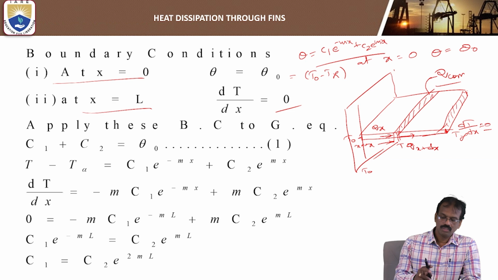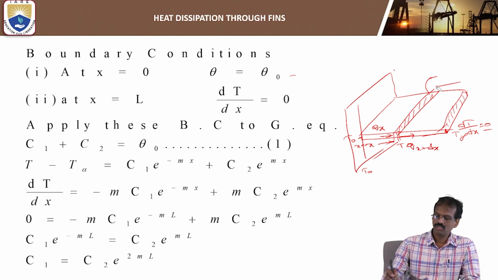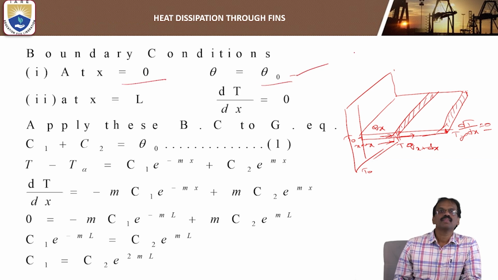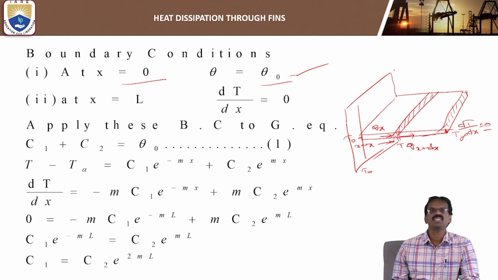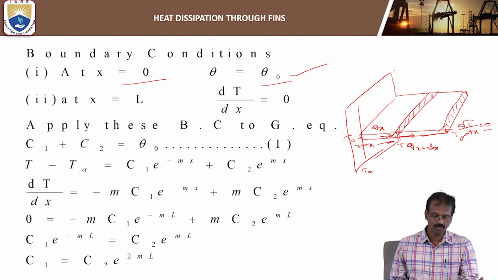So here, apply the first boundary condition to the general equation. We know the general equation theta is equal to C1 e to the power of minus mx plus C2 e to the power of mx. Applying the first boundary condition at x is equal to 0, theta is equal to theta naught. Then e to the power of minus m times 0, e to the power of 0, is equal to 1.